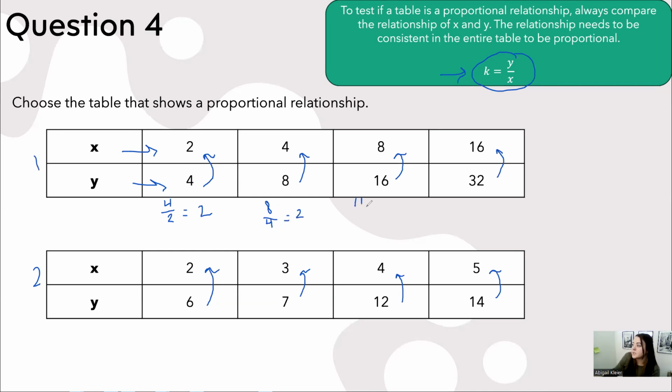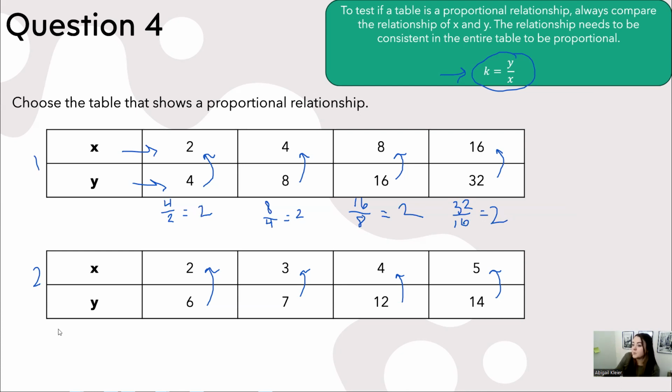Next, I have 16 divided by 8, which is 2. And then I have 32 over 16, which is 2. So we can see here that there was a consistent relationship between y and x of a value of 2.